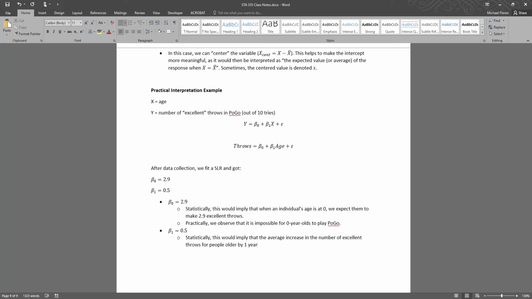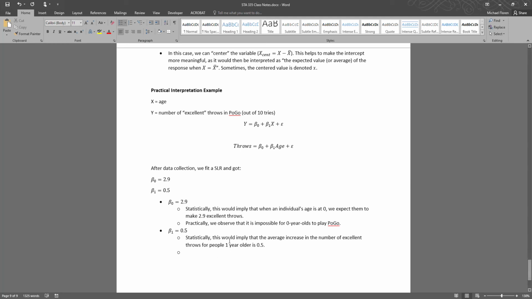So if you're 1 year older, that's awkward to say. How about for people 1 year older? That's way better. Is 0.5. Okay, well, that's fine as well as it goes.